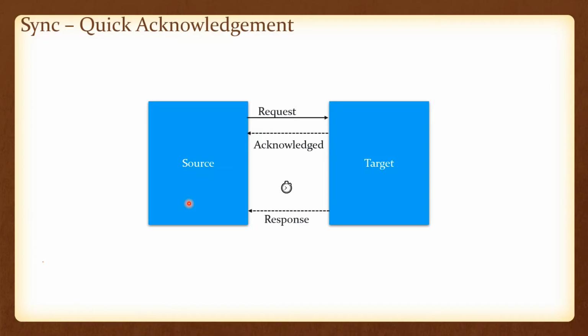But to ensure that your order is safe with them, your money is safe, and they have your order, they quickly acknowledge your order once the payment is successful, and then depending upon multiple conditions, availability of product, availability of manpower, you continuously get a response back from the target system.